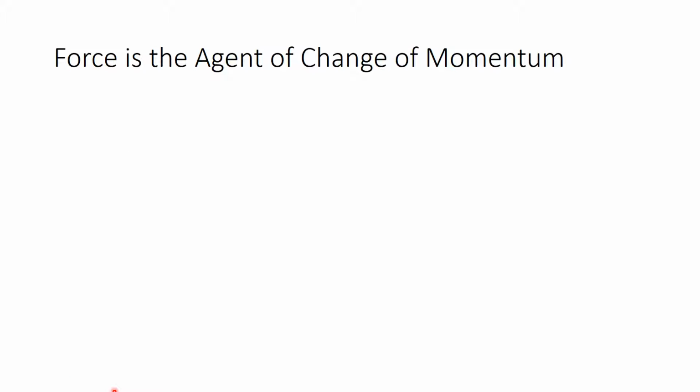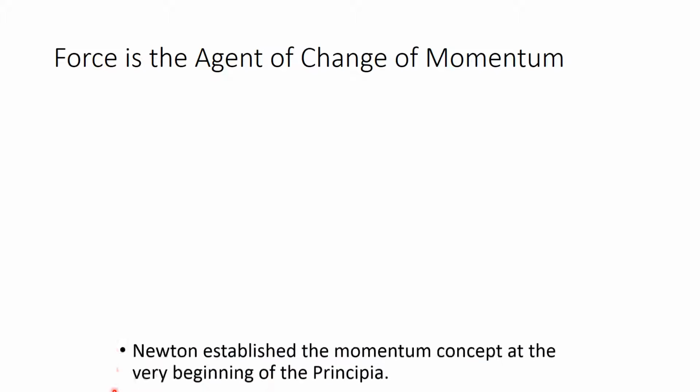Newton defined force as the agent of change of momentum. That is not the way that we normally think about forces. We normally think about forces as two objects pushing on each other, or two objects pulling each other and interacting in some direct fashion. But Newton came to this almost immediately.